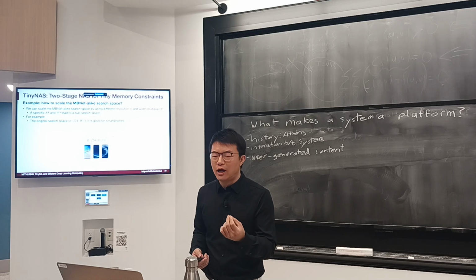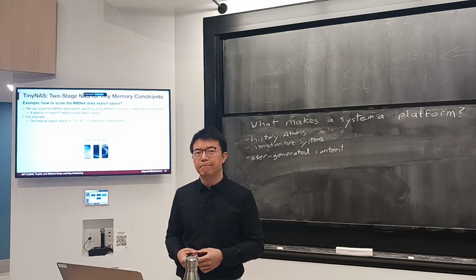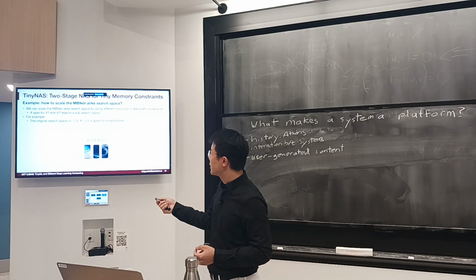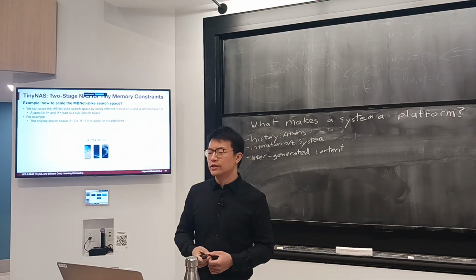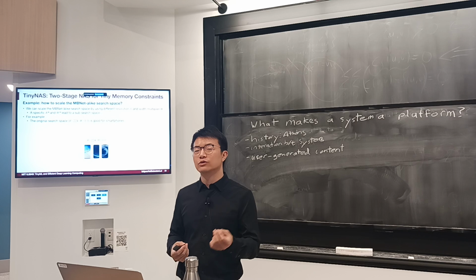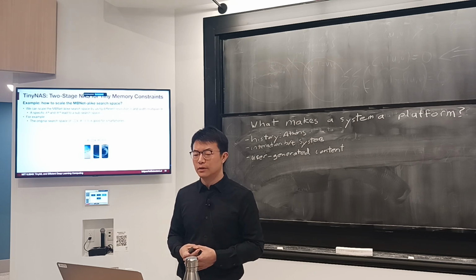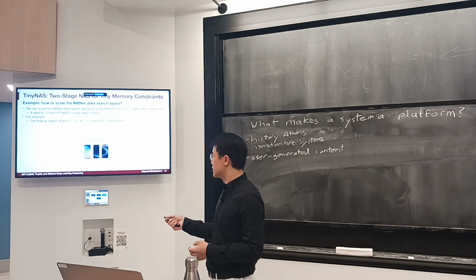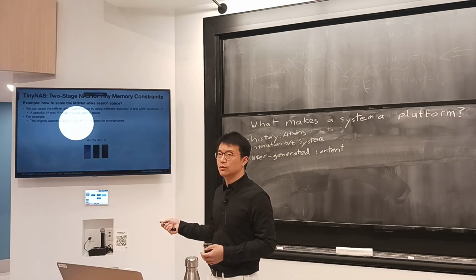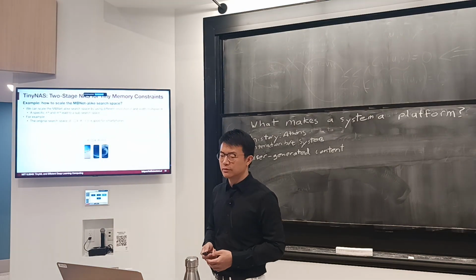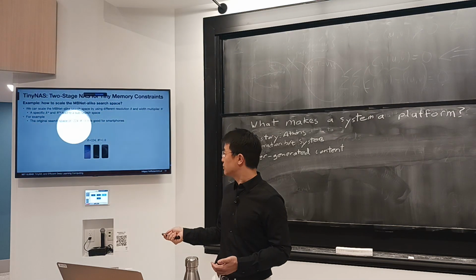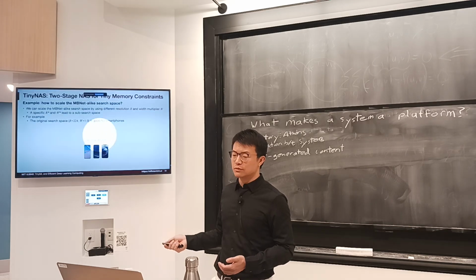We can scale the previous search space for MobileNet using a different resolution and different width multiplier. For example, the original search space typical for mobile devices has a resolution of 224 by 224 and a width of 1.0. That's pretty suitable for mobile phones.